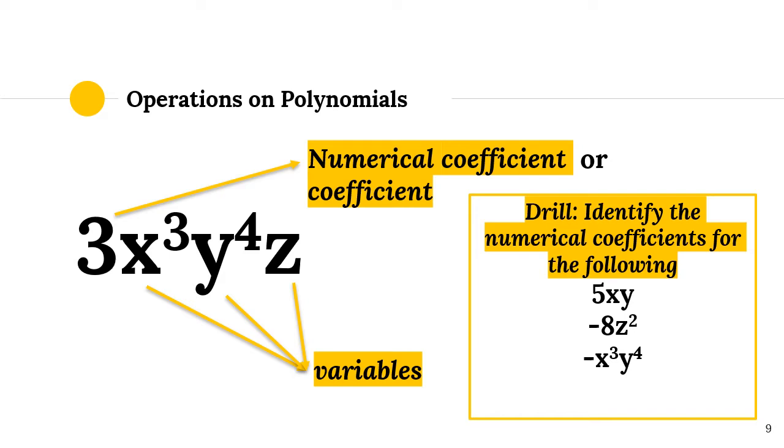If a number is not indicated in a monomial, automatically it's 1. And we have a sign there, so it's negative. Therefore, the coefficient is negative 1. Lastly, we have y cubed. You can't see a number in here, but the coefficient here is positive 1. Let's proceed.